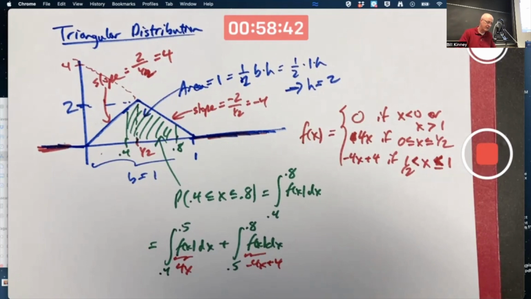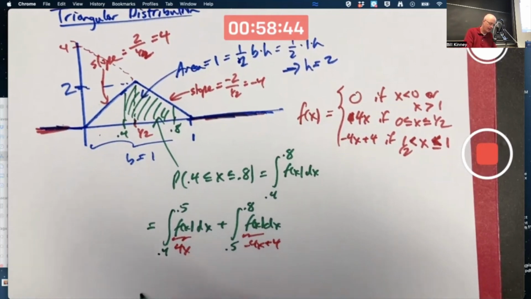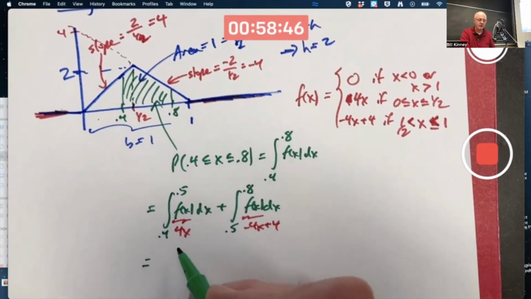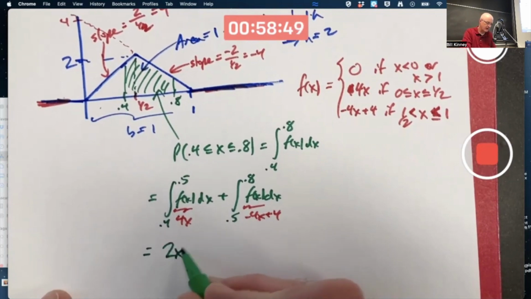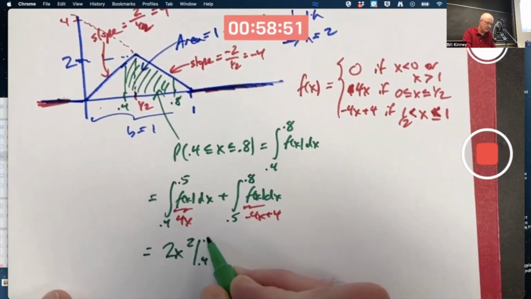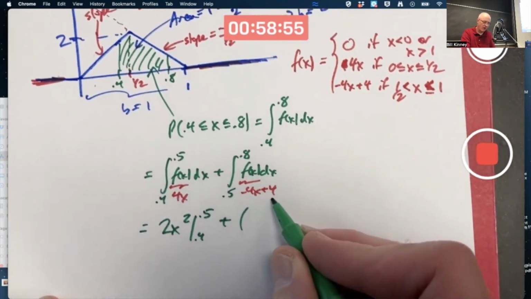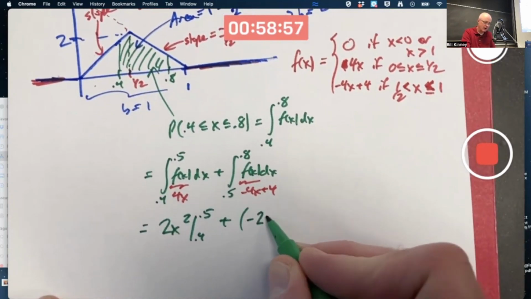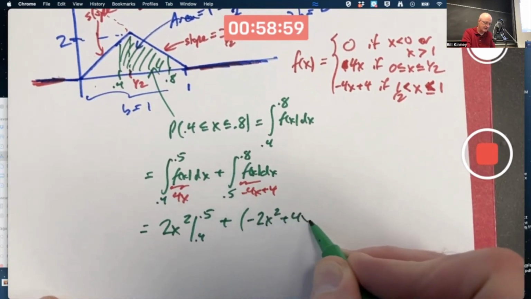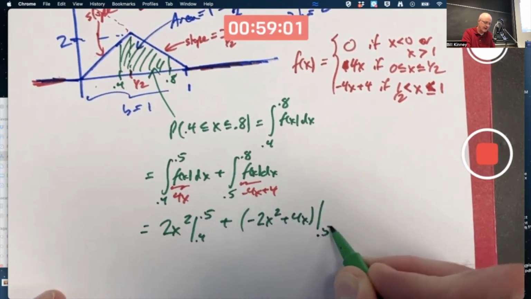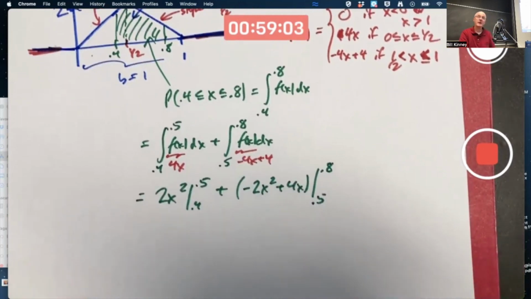Now I'll use the fundamental theorem of calculus. The antiderivative of 4x is 2x squared. The antiderivative of negative 4x plus 4 is negative 2x squared plus 4x. I'm doing two separate integrals here with the fundamental theorem of calculus, and I'm going to add the results.